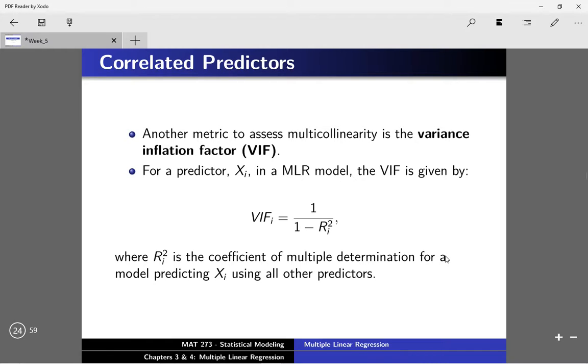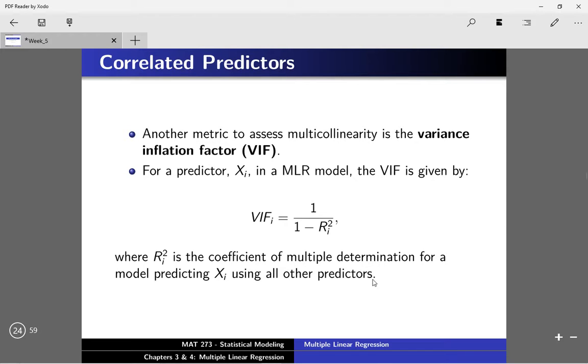So for explanatory variable xi in a regression model, the VIF, the variance inflation factor, is given by this formula here, 1 over 1 minus its r squared, where r squared is this coefficient of multiple determination where you modeled that explanatory variable as a response using all the other candidate predictors.